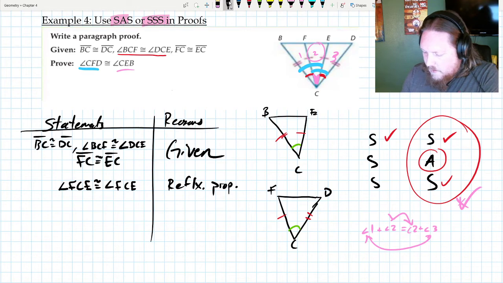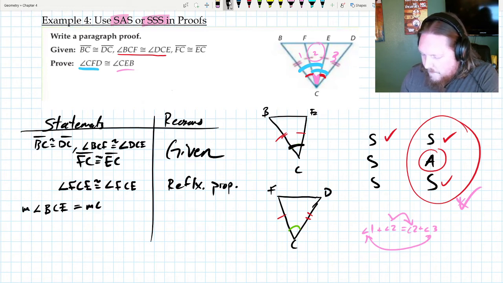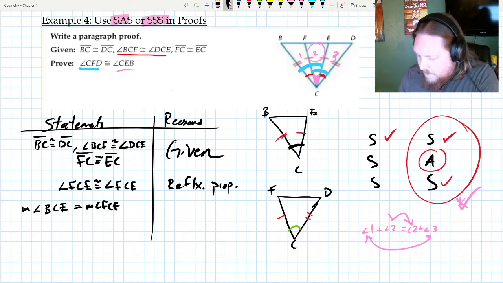that the big angle that I want, angle BCE, this green angle that I had right down here, should equal FCE, that angle in the middle, plus the measure of BCF.